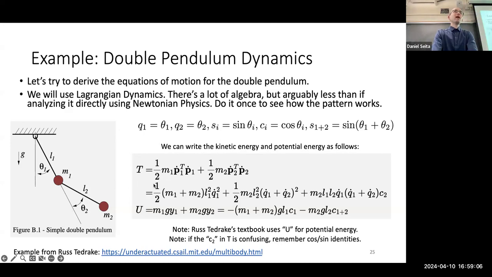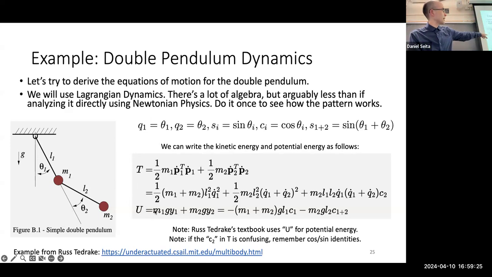For next class, I'll go over more about kinetic energy and how you have to put in the translational energy and then the rotational component. But for now, let's just assume that we can start from this equation for kinetic energy.